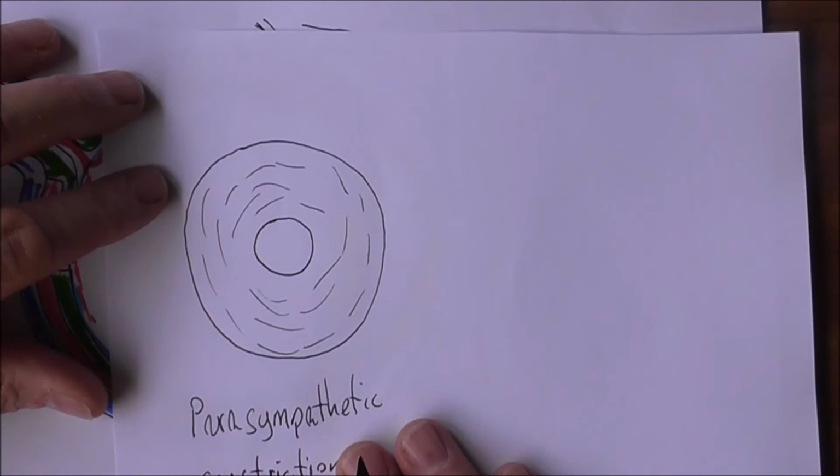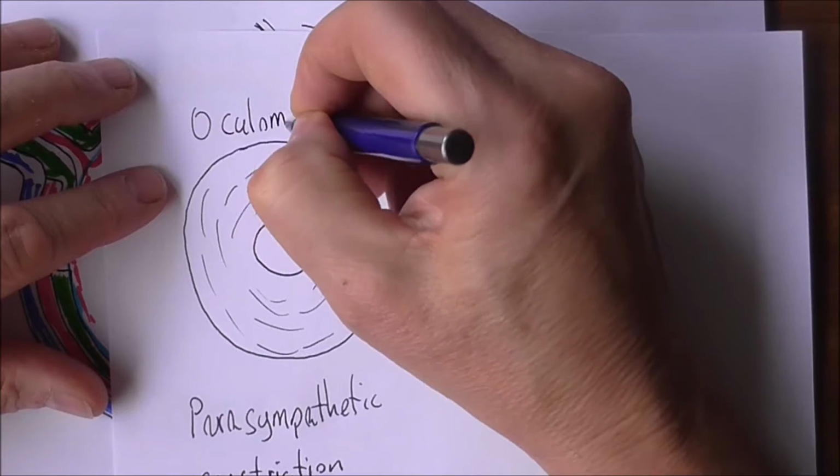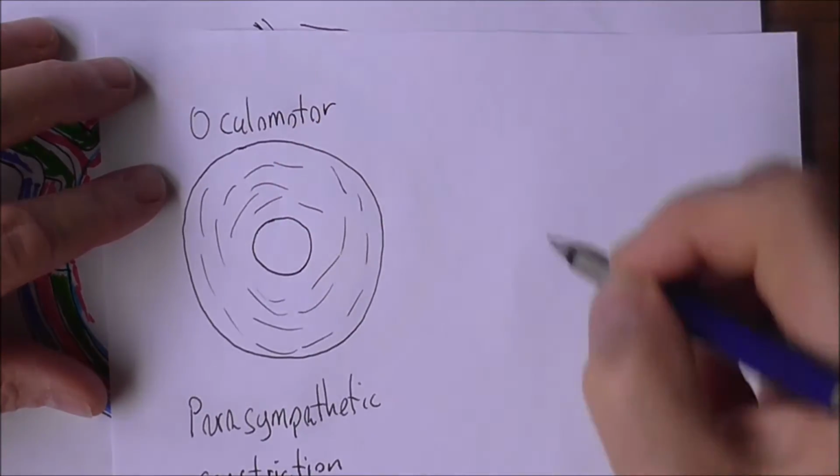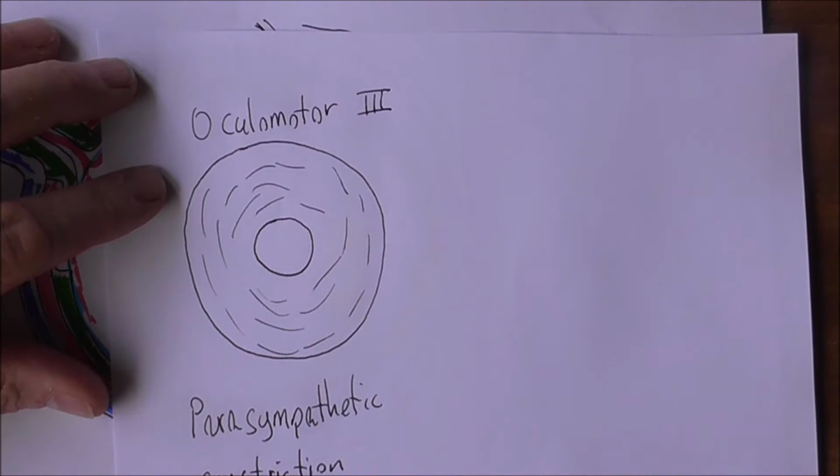It's brought about by the nerve called the oculomotor nerve, which is the third cranial nerve, arising from the midbrain and going into the eye. It's the same nerve that actually controls a different branch, but the same nerve that controlled the ciliary muscles.